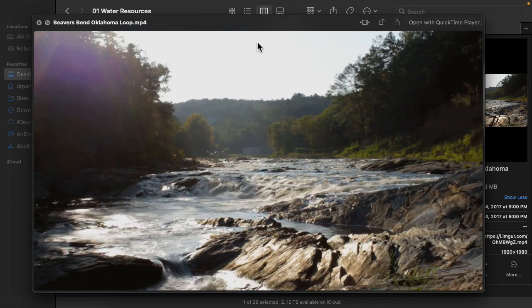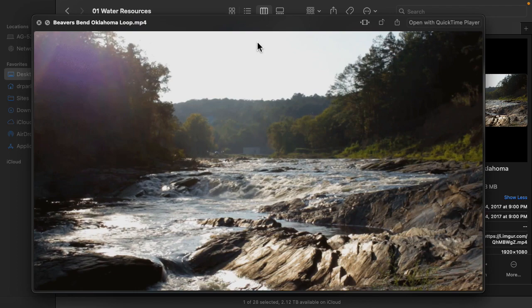So, this is Beavers Bend in Oklahoma, and that is a spot where the terrain and topography, in particular, the elevation change, and the flow rate combine to provide a very specific kind of resource. These cascades, as they're called, a sequence of waterfalls, provide not a unique in the world, but an exceptional example of a recreation opportunity, right?